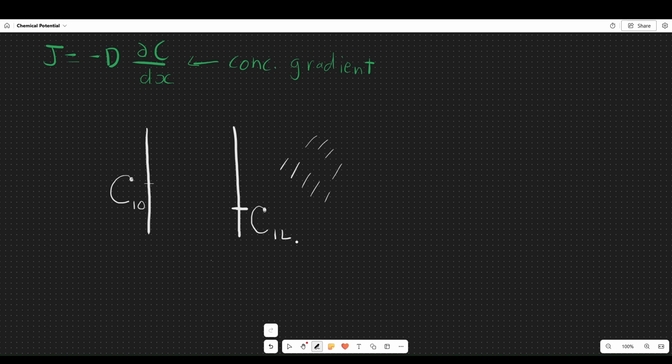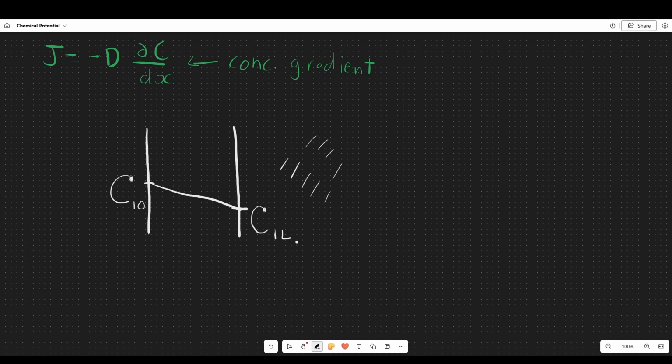What we would expect to see, noting that the diffusion flux is constant, is a linear line. This is not straight, but we would expect to see a linear line knowing that the diffusive flux is constant. Well, there's actually one caveat in this system.